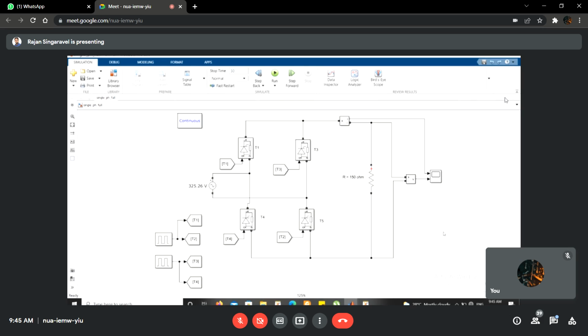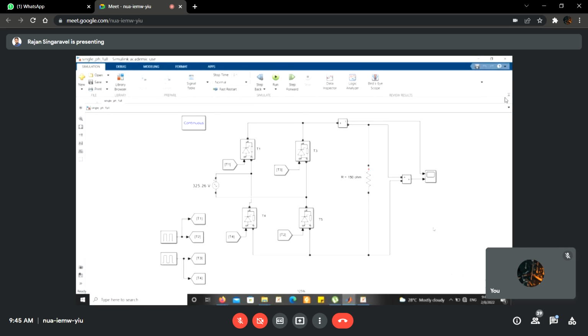So the diagram shows you the single phase full wave converter power circuit with R load of 150 ohm. You can take time to draw the circuit if you want, so I'm going slowly.